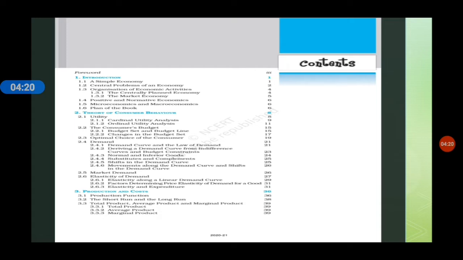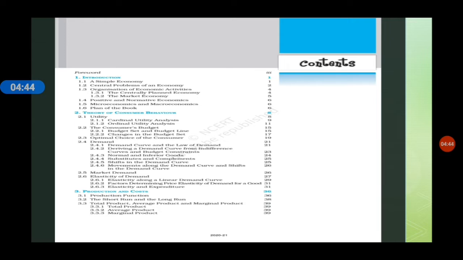Along with that desire, the consumer has to fulfill some more conditions, such as ability to pay and willingness to buy. Once the consumer fulfills all these three conditions, only then will that desire become demand.